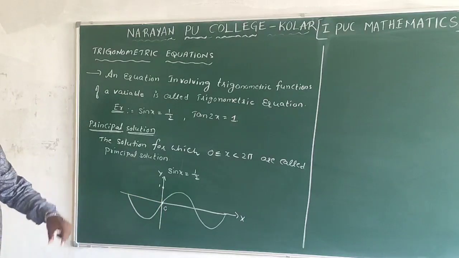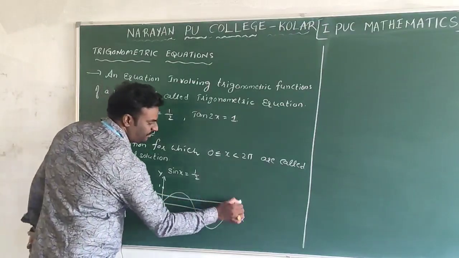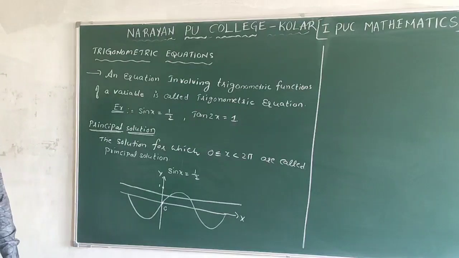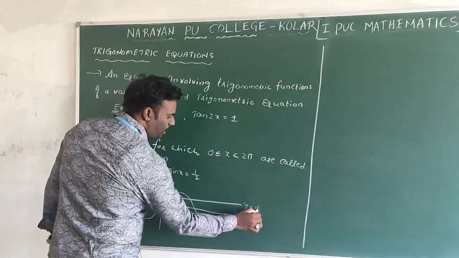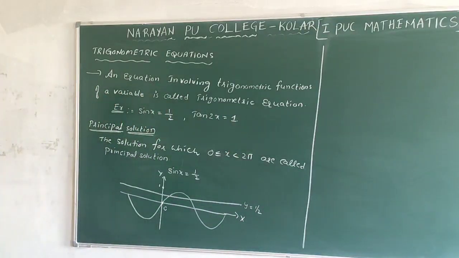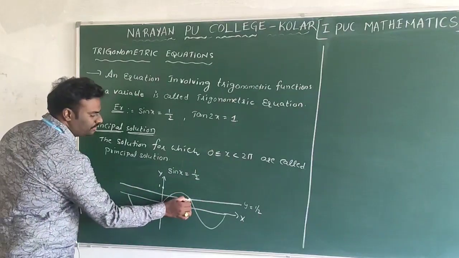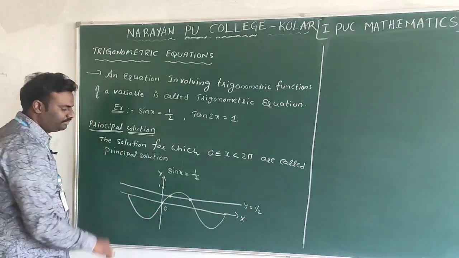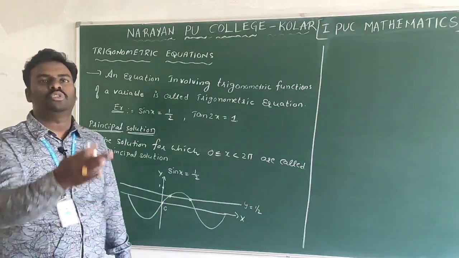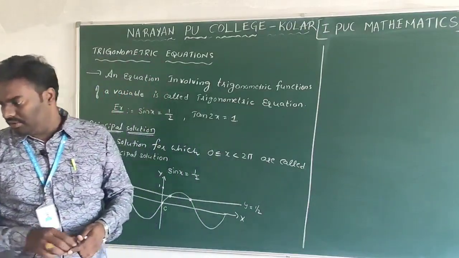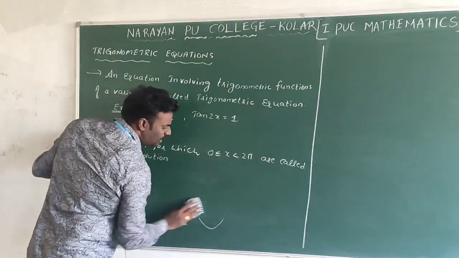If you take a line which is parallel to the x axis, this line is y equals 1 by 2. This line cuts sin x at two different points. So these two are called the solutions. Such solutions are called principal solutions.